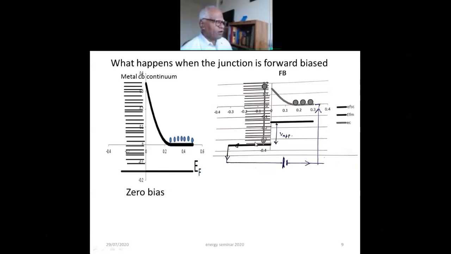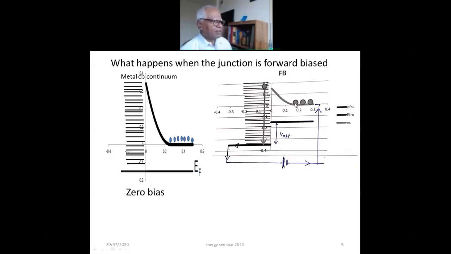So the number of electrons that went from the metal to the semiconductor was exactly the same as before. But now from the semiconductor to the metal, because it's a much smaller barrier height as opposed to here, there are more electrons that will leave the semiconductor and get into the metal. And so I will have a net current in the external circuit.